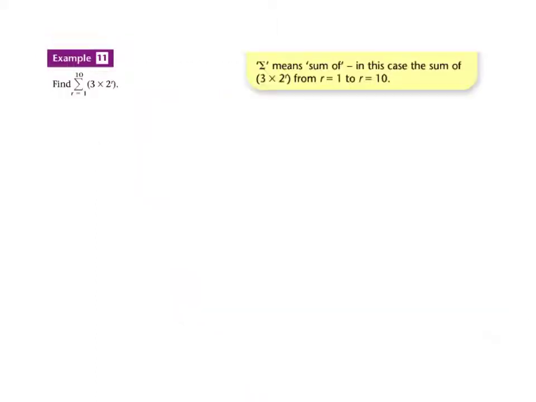Okay, so in this question you'll notice we're using the sigma notation, meaning sum of. So in this case we look at the little expression we're given here, and it tells us to find the sum of all the values where we substitute in r from 1 up to 10. So we're going to be working out the sum of 3 times 2 to the 1, 3 times 2 squared, 3 times 2 to the 3, 3 times 2 to the 4, up to 3 times 2 to the 10. Now that means in this case that a equals 3 times 2 to the 1, which is 6.